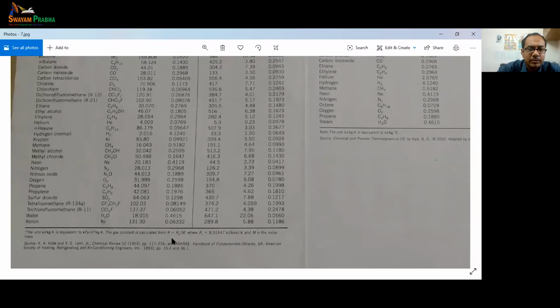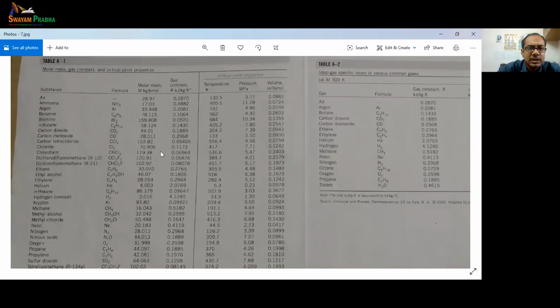And on the left-hand side of that, you can also see that the gas constant can be obtained from this Ru by dividing it by the molar mass, and molar masses for each individual gas are also given throughout this column. So let us see the value for air. For air, the molar mass is 28.97 and the gas constant is 0.2870 kJ/kg·K.